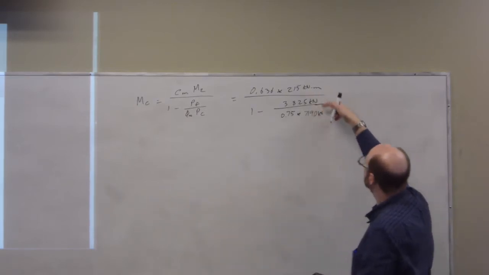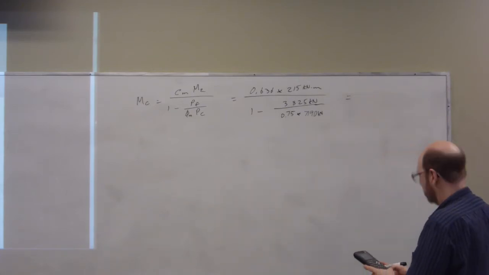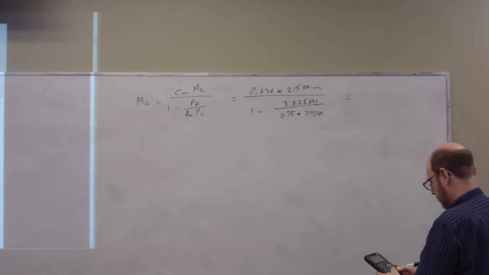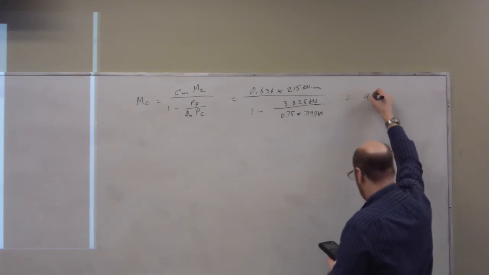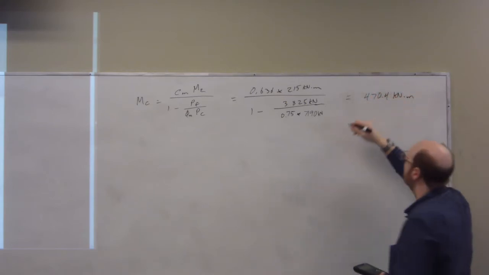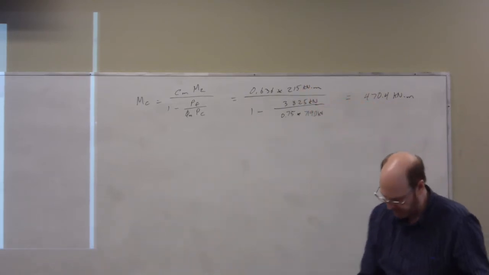All right, so units cancel out here with our kilonewtons. 470.4 kilonewton meters. And again, this number is bigger than M2, so it is an amplification, which is what we expect.